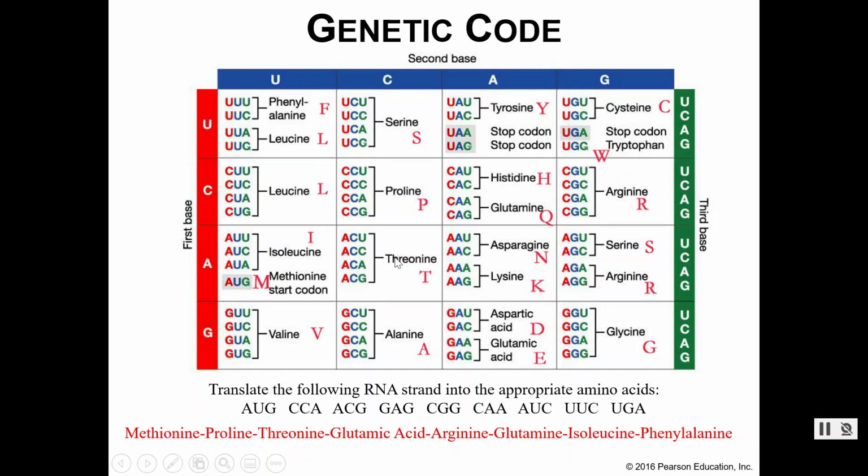Everything in this box was threonine. GAG would be GA, so we come down, and GAG specifically codes for glutamic acid. CGA, we've got our C, we have to find our G. Where do those intersect? That would be this box. These all code for arginine.